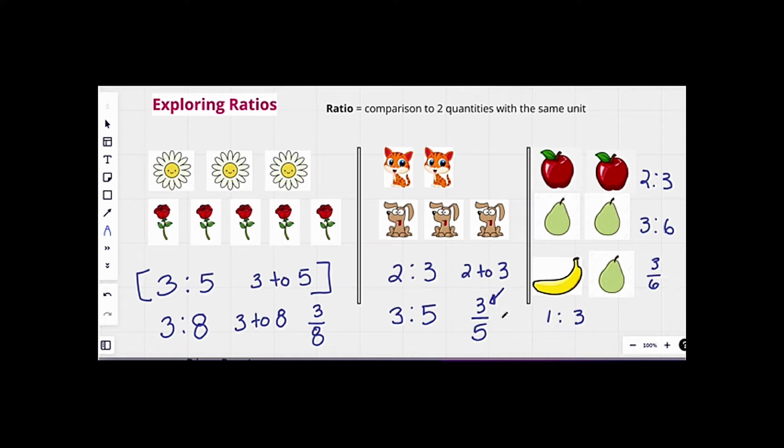We used a fraction here when we looked at our 3 dogs to all of the animals that we have. So we said 3 out of 5. And we used a fraction over here when we looked at 3 daisies to the total amount of flowers, which were 8, 3 to 8. We don't do that when we're looking at part to part, like cats to dogs, or banana to pears.